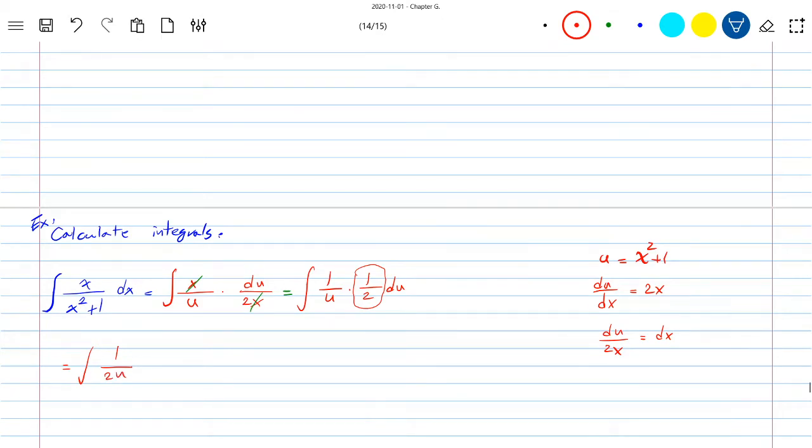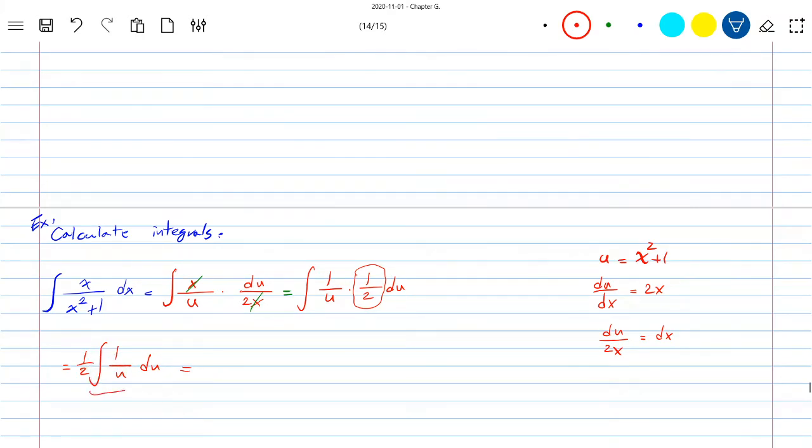You can also write this as 1 over 2u du, but it's kind of hard to guess what the integral is in this case. Don't make this mistake. The integral of that is not 1 over 2u. What you should do is write 1/2 times 1 over u.